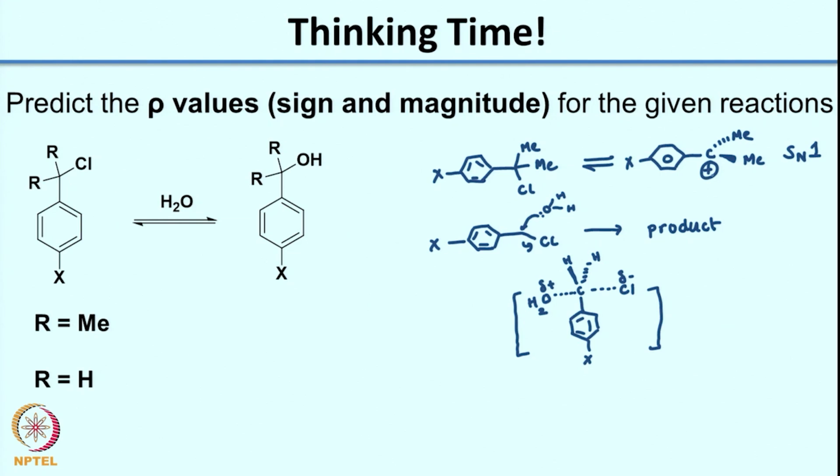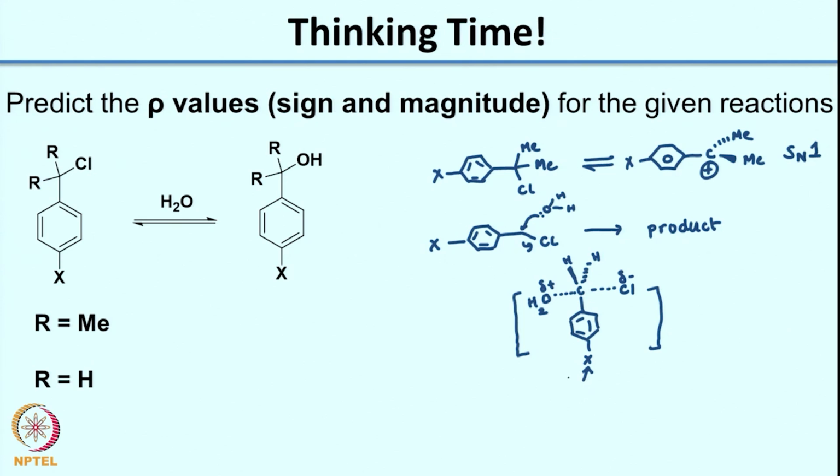So, if I were to look at the transition state for this, the transition state would have a significantly more delta plus on the carbon. So, if I were to put an electron releasing substituent here, it would have a much larger effect as compared to putting an electron releasing substituent on the reaction which is undergoing the SN2 mechanism.